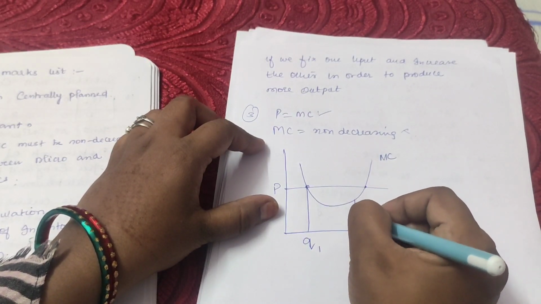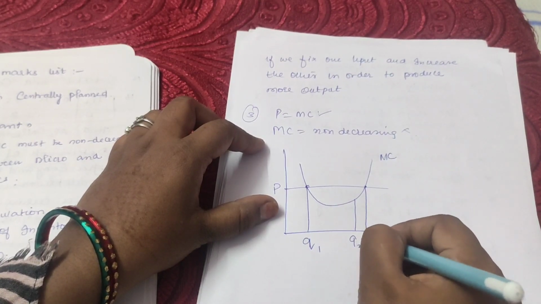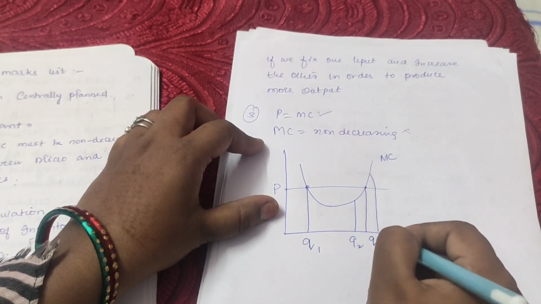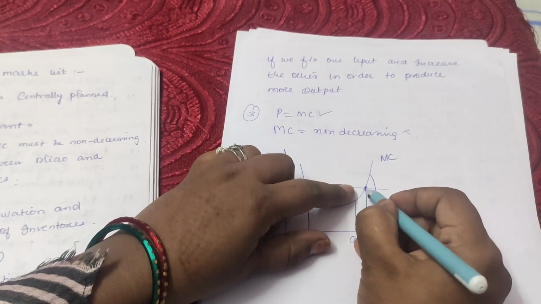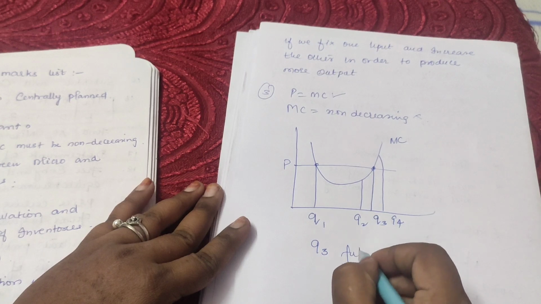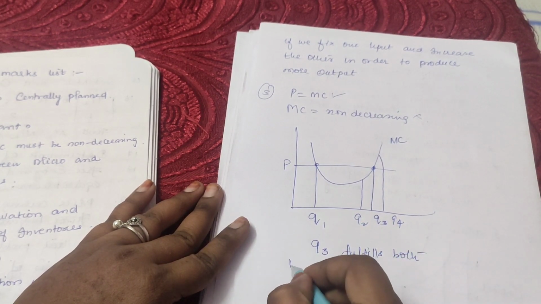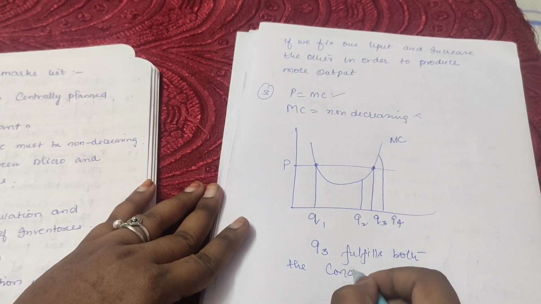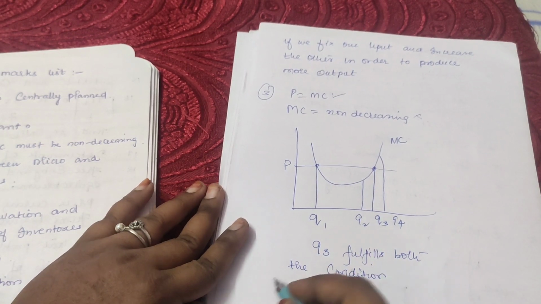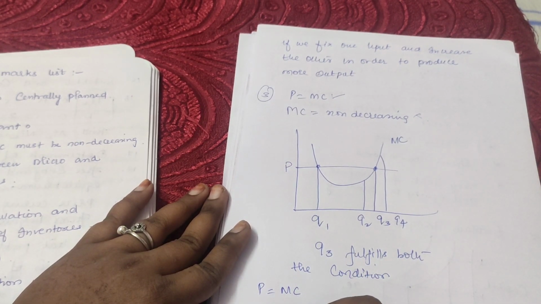Here we have quantity 2, this is quantity 3, and here we have quantity 4. But here you can see Q3 fulfills both the conditions, because P is equal to MC and MC is non-decreasing.